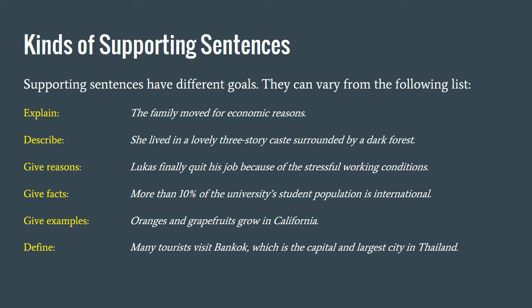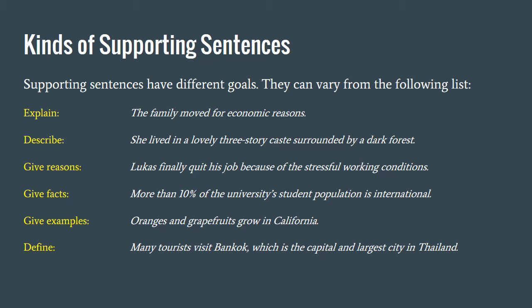If I'm going to have a supporting sentence that explains something, it's going to sound like "The family moved for economic reasons." If it's going to describe, it's going to give us details like "She lived in a lovely three-story castle surrounded by a dark forest." Give reasons. "Lucas finally quit his job because of the stressful working conditions."